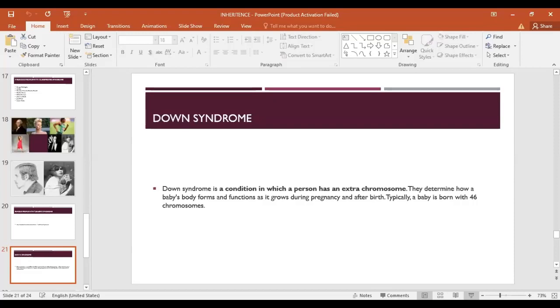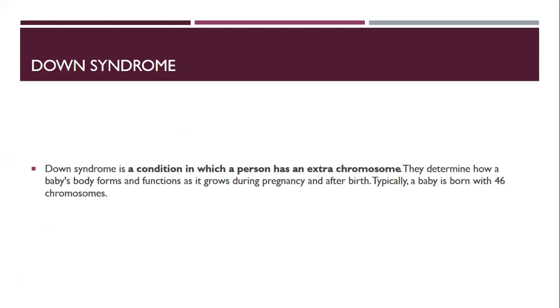Next, I'll be talking about the condition Down syndrome. Down syndrome is a condition in which a person has an extra chromosome. I have stated it before. The chromosomes determine how the baby's body performs and functions as it grows during pregnancy and after birth.